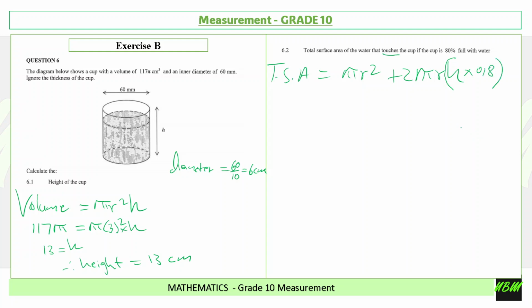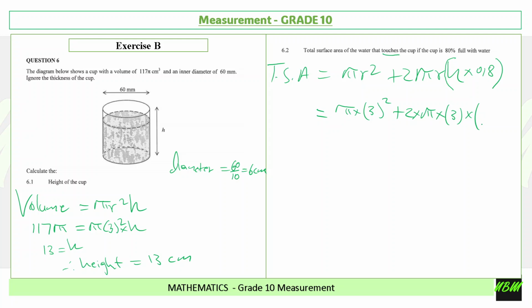Therefore, our formula for calculating the surface area of the water that touches the cup if the cup is 80% full of water will be pi r squared plus 2 pi r times h times 0.8. Then let's substitute: pi times our radius 3 squared plus 2 times pi times our radius 3 times h, which is our height.